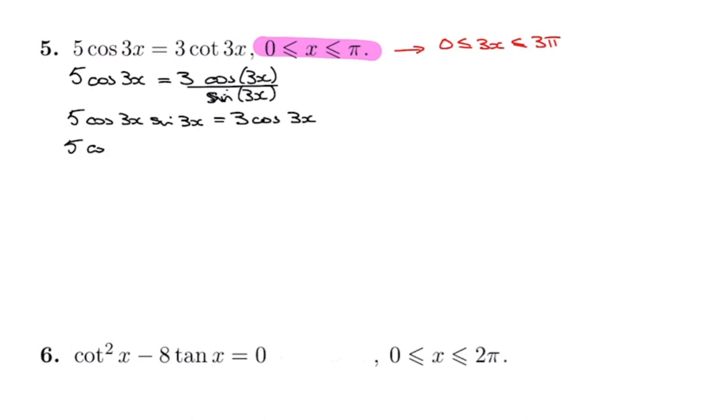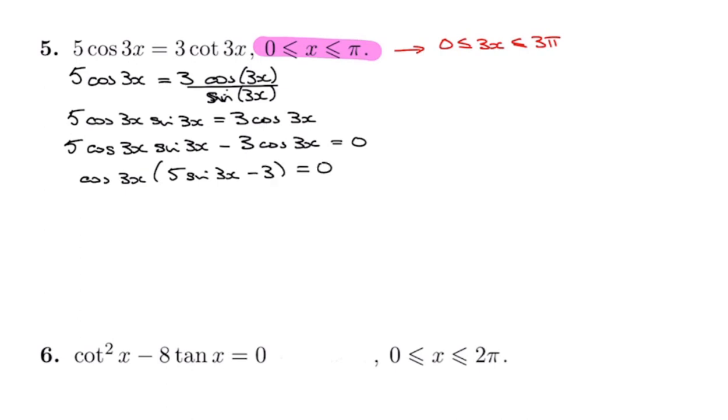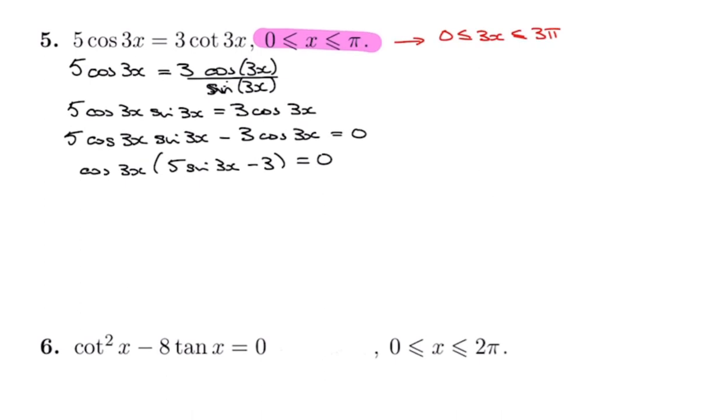So 5 cos 3x sine of 3x minus 3 cos of 3x equals 0. We're going to pull out cos of 3x as a common factor, and we're left with 5 sine of 3x minus 3 equals 0. So we've got two possible equations to solve.